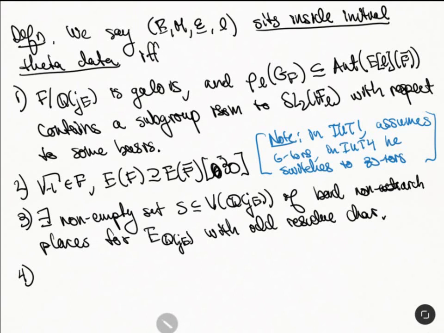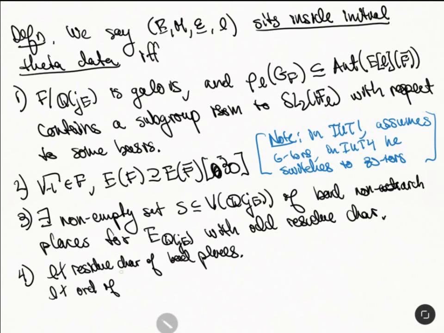Okay, so now there's a bunch of conditions on L. So L does not divide the residue characteristic of bad places. So these are the bad places. Residue characteristic of bad places. L does not divide the order of the Tate parameters at bad places. L needs to be bigger than or equal to 5.